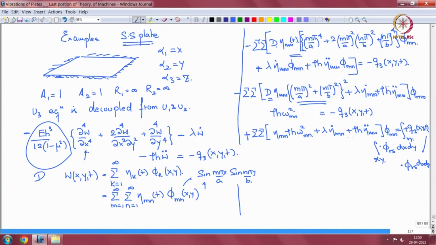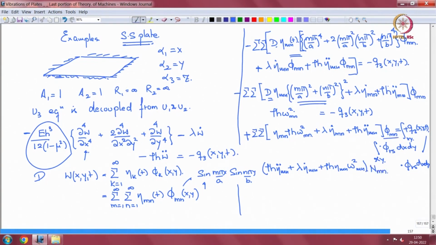So I get rho h eta mn double dot plus lambda eta mn dot plus rho h eta mn omega square mn, and we will call this nmn.